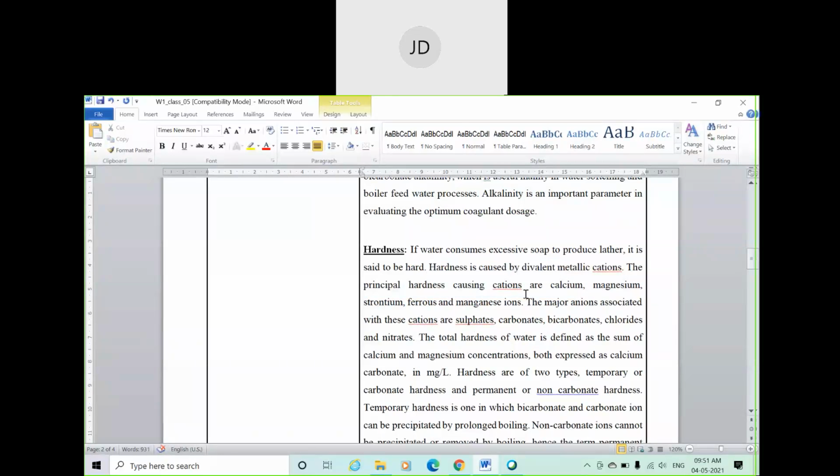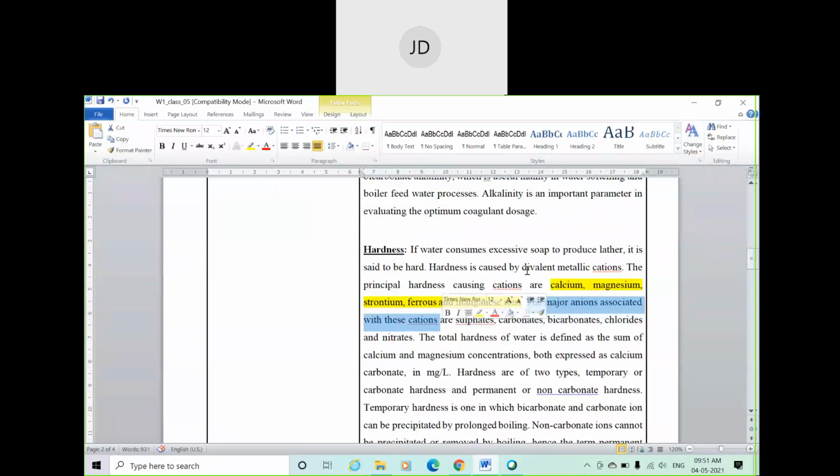Calcium, magnesium, strontium, ferrous, and manganese ion, that is Mn. Calcium, magnesium, strontium, ferrous, and manganese ion. And the major anions associated with these cations.